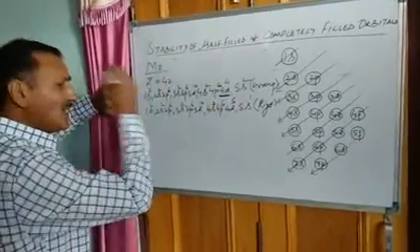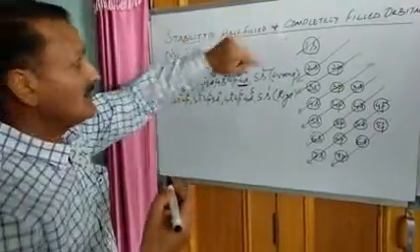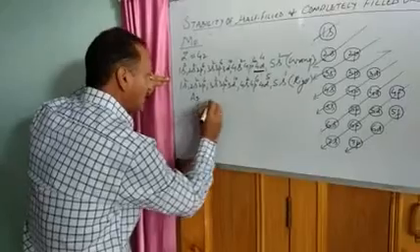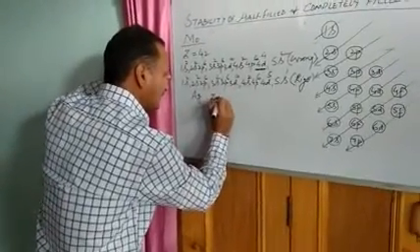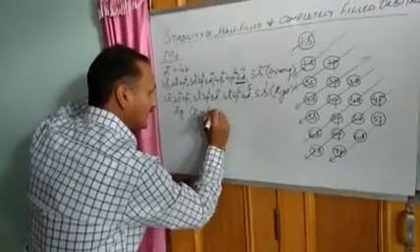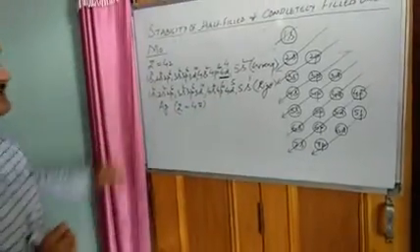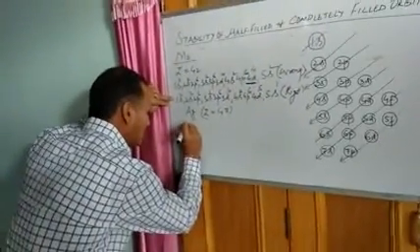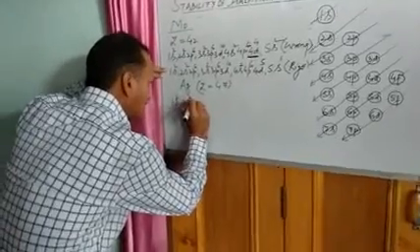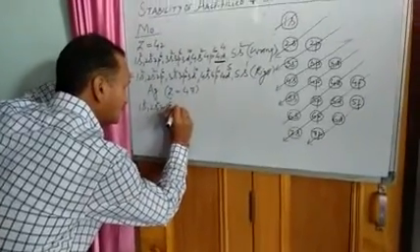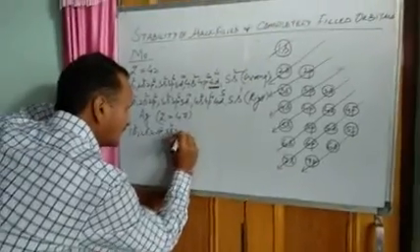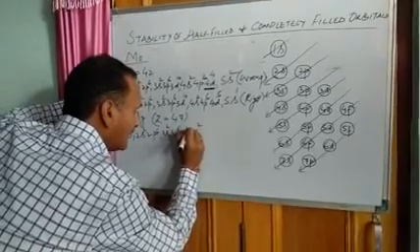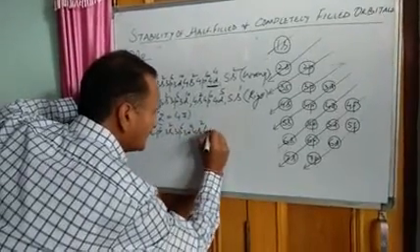Now, I can take another example of completely filled. Say silver with symbol Ag, and its atomic number is 47. Let's make its electronic configuration as per Aufbau table, like this: 1s2, 2s2, 2p6, 3s2, 3p6, 4s2, 3d10, 4p6.